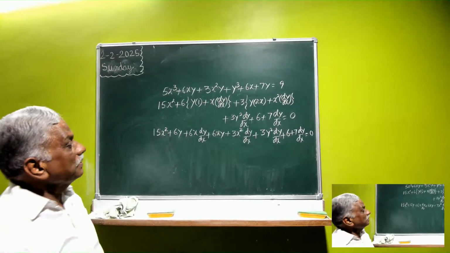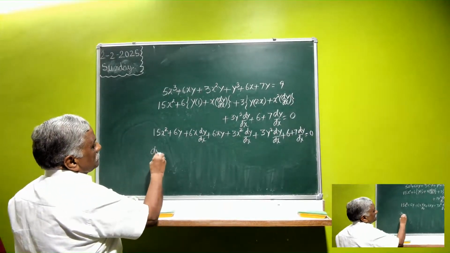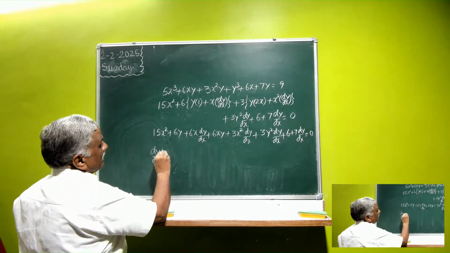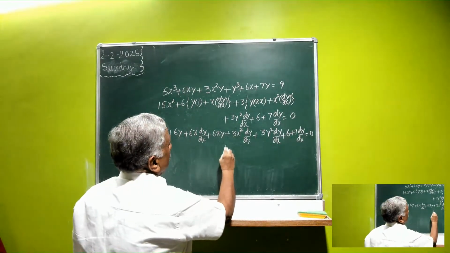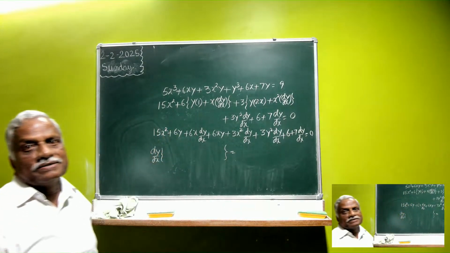Okay, now what is the next thing? You just group the terms containing dy by dx. I'll give an easy method.